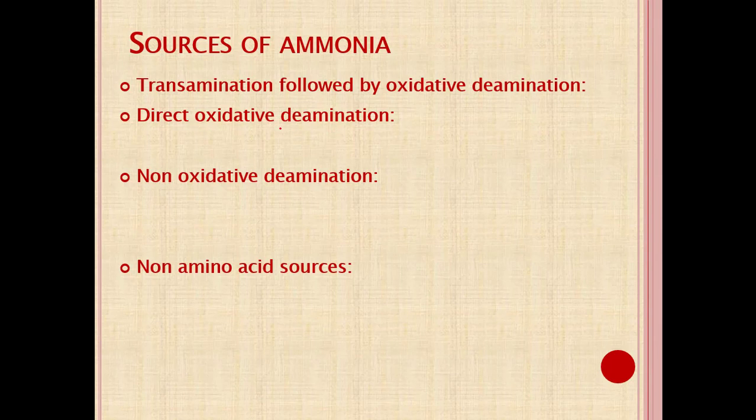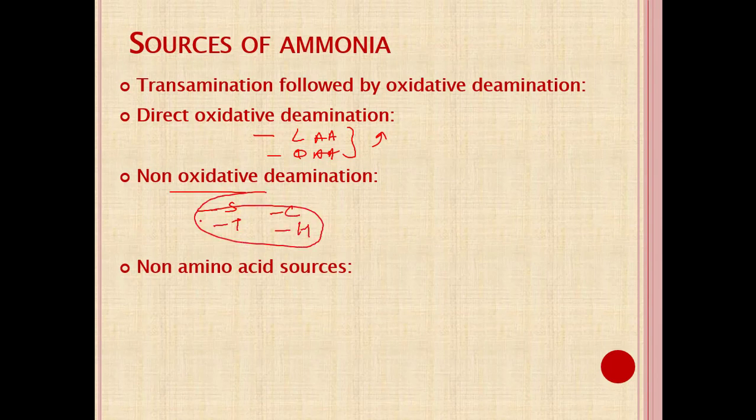Direct oxidative deamination means L-amino acids and D-amino acids undergo direct oxidative deamination. Serine, threonine, cysteine, and histidine undergo non-oxidative deamination.